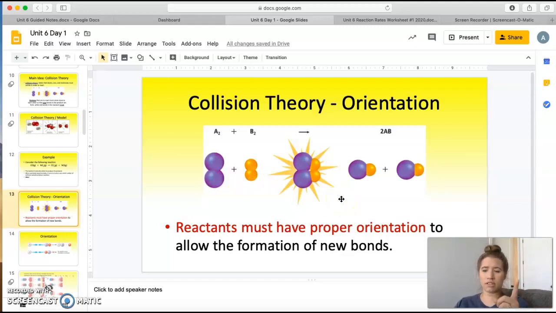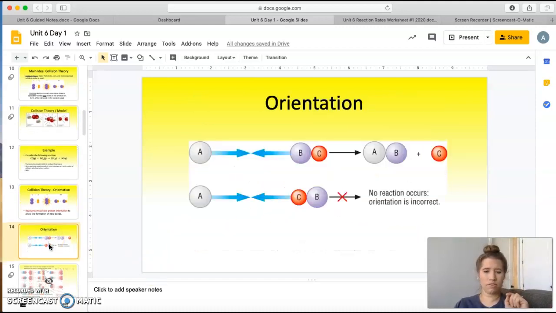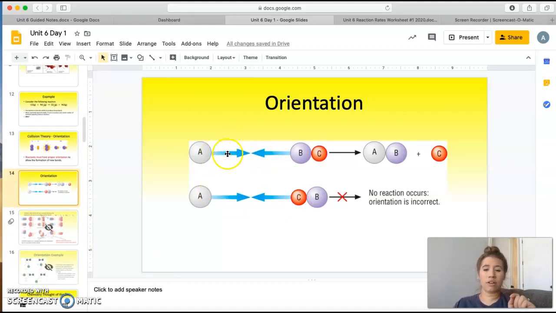Okay, so a collision has to happen and the orientation of that collision has to be perfect. If the orientation of the collision is the way that it needs to be, then we'll form new products. But if they hit in a different way, then it's not going to form the products.